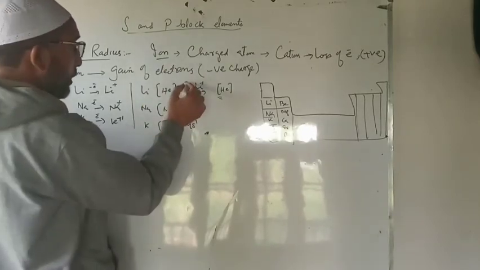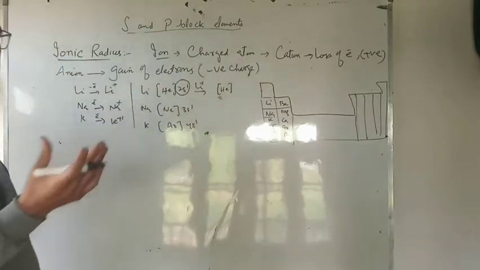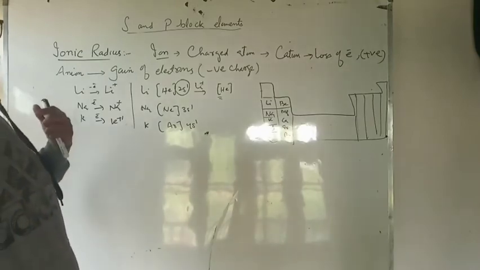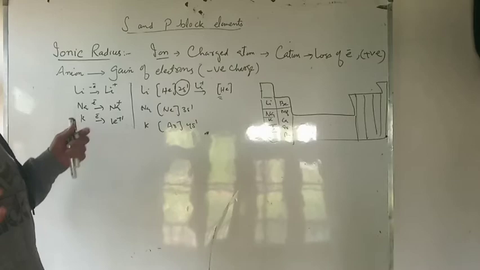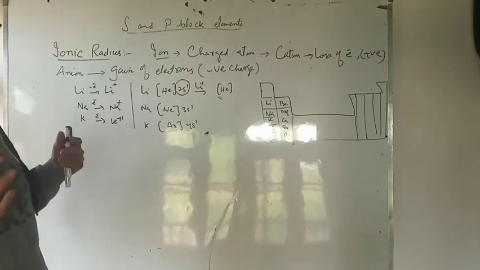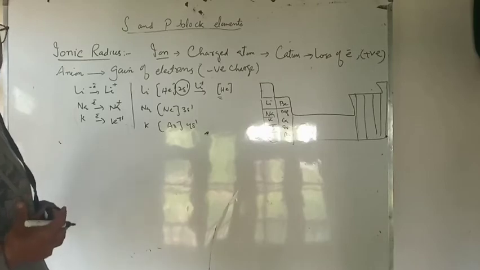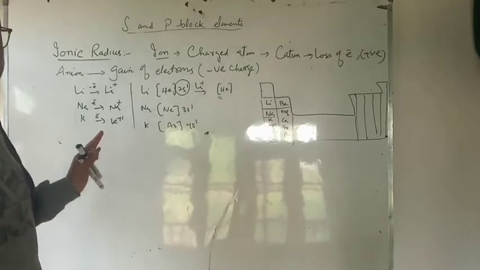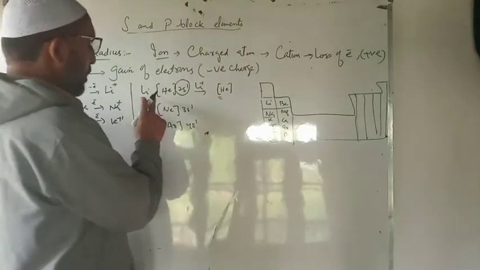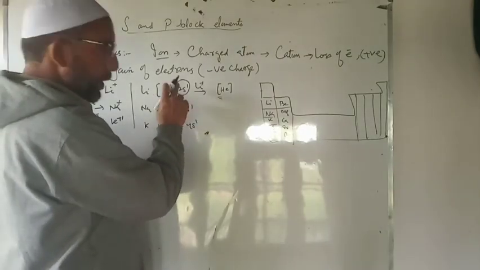One, the shell in which there was an electron, this electron has been lost. Now this shell has been lost. Shells are considered only when there are electrons in them. If there isn't any electron in the shell, then that shell is not considered to be part of the atom. So once lithium loses the electron, it loses the shell.